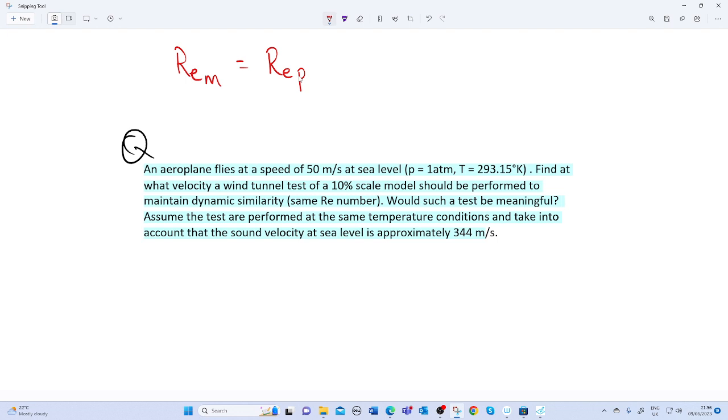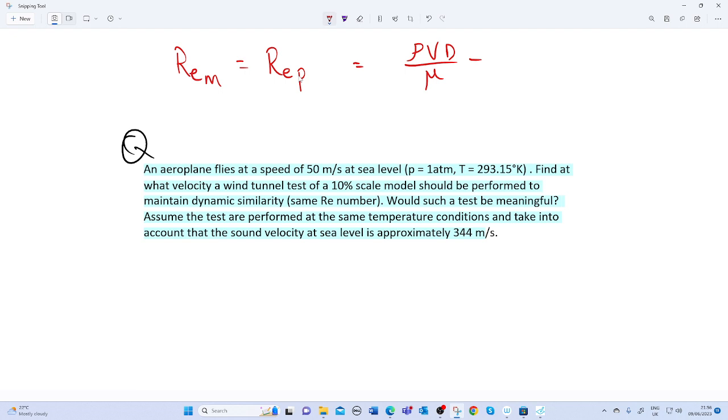Now, we know fully well that the Reynolds number equals the density multiplied by the velocity and the size, which could be the diameter, over the viscosity.